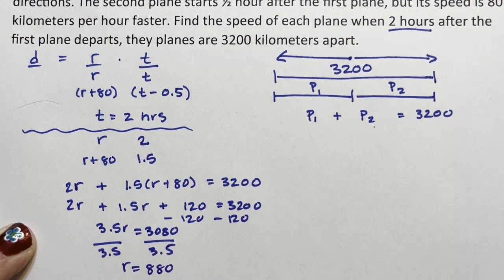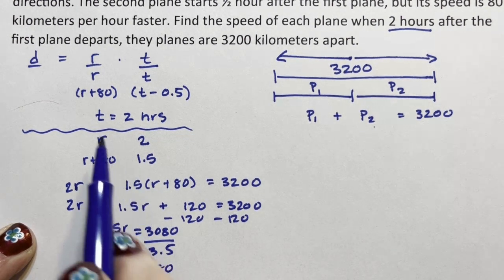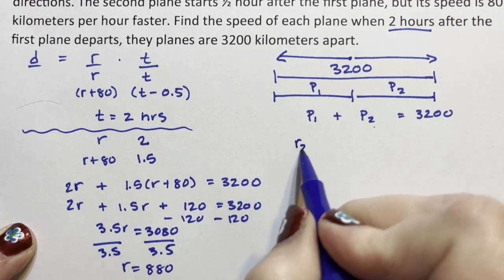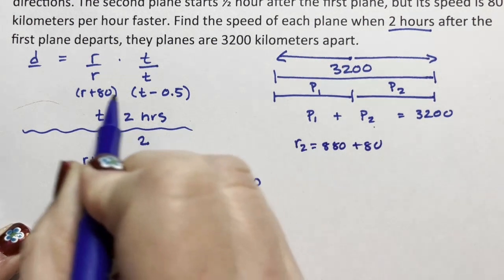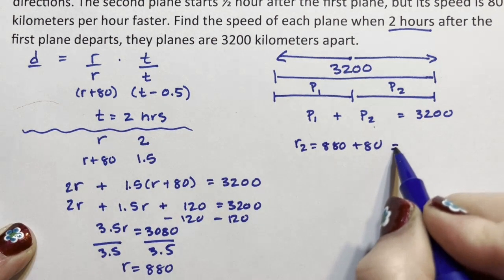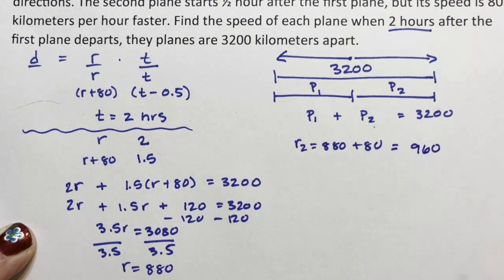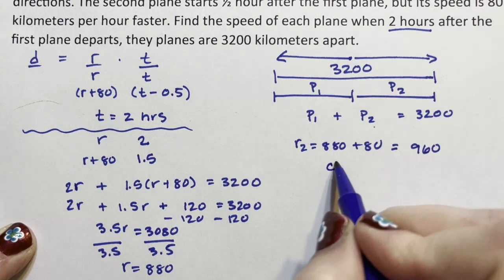That's the speed of the first plane. We know the speed of the second is 880 plus 80. That's what we have right here. So it's going to be 960. But let's check that out.